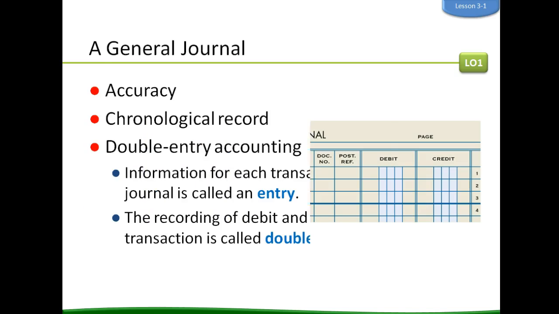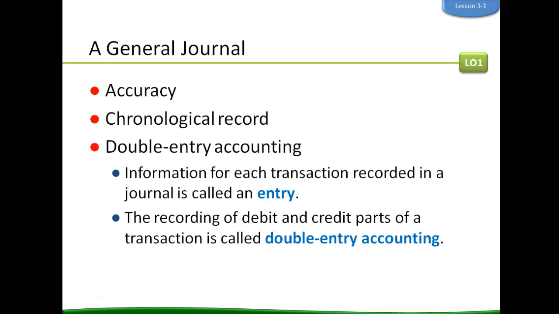And so we just want to be very careful to be accurate when we're posting information within a journal. So accuracy, accuracy, accuracy, very key to making sure that your journal is correct. It is then a chronological record, and so every single day when businesses have transactions, they post them into the journal, and then they have this nice record of everything that's happened within the business.